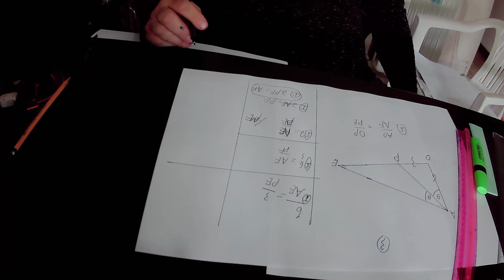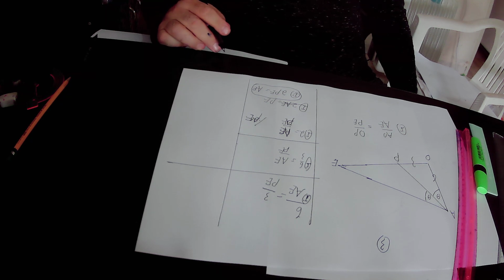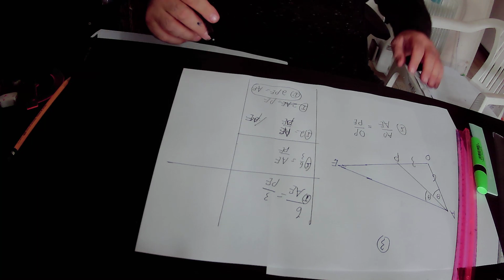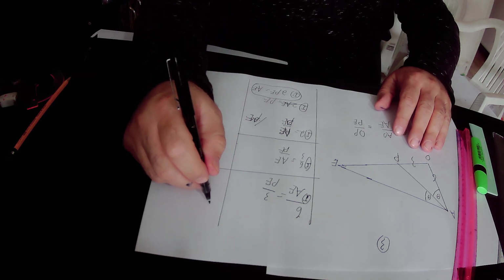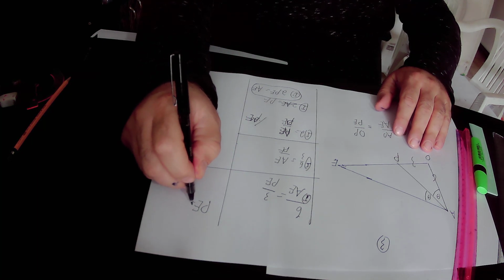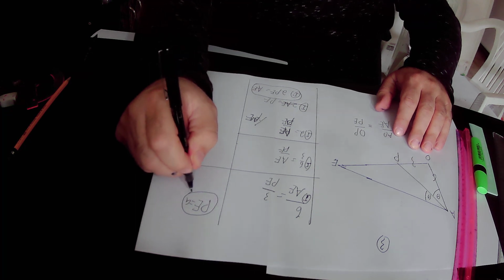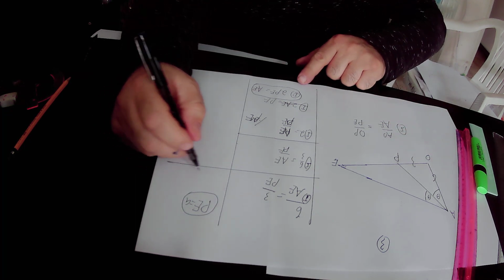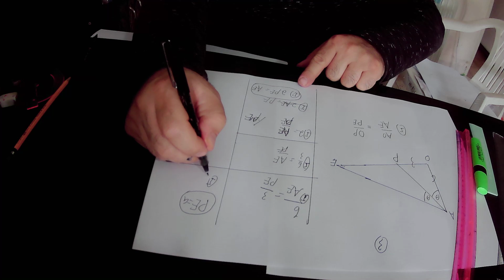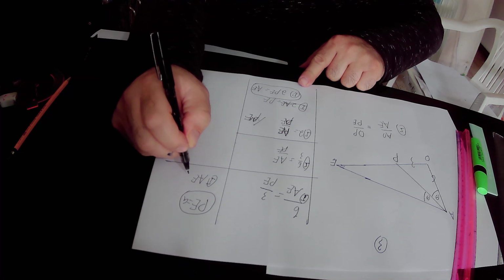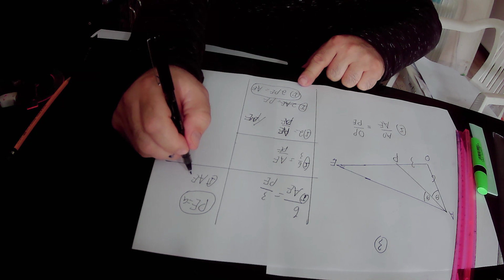So actually, AE is twice as large as PE. We define PE as a. PE equals a. And then from equation number 1 we get that AE equals 2PE, and since PE equals a, AE equals 2a.